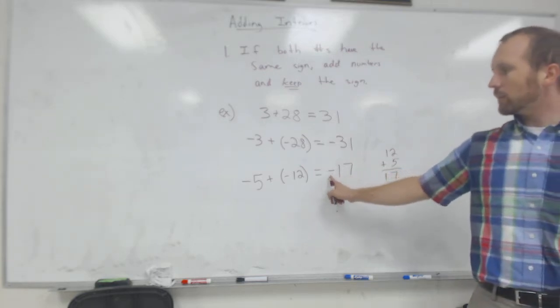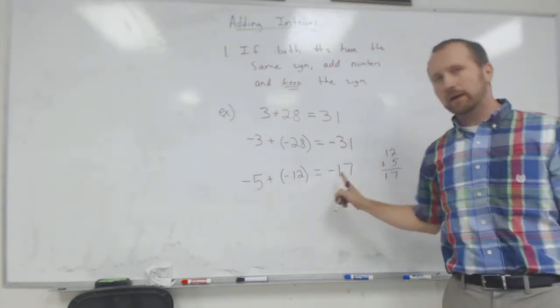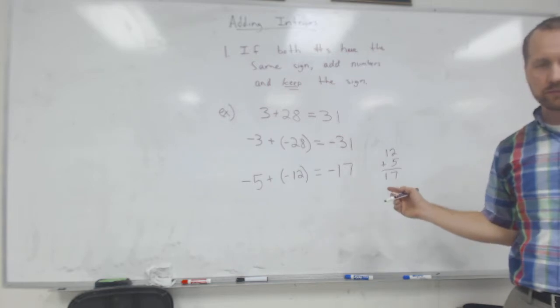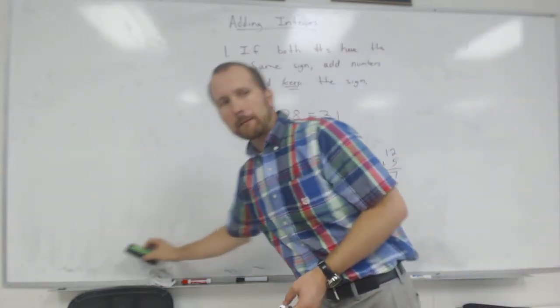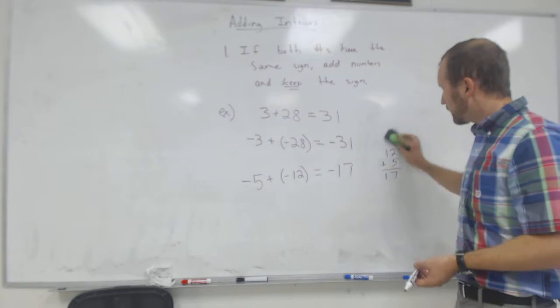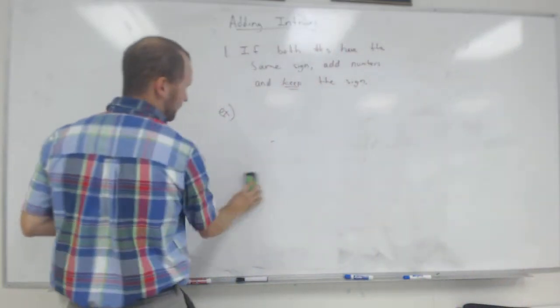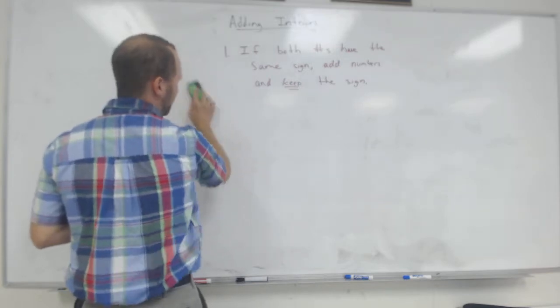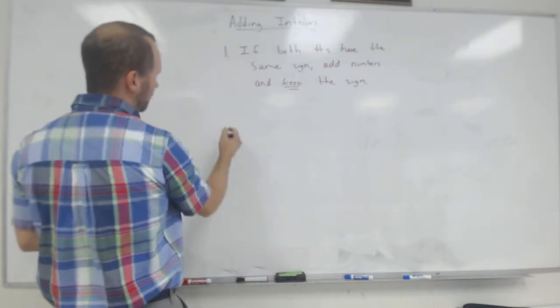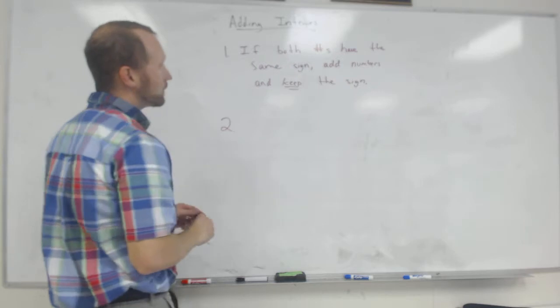Oh, but I remember that both numbers were negative, so my answer is negative. And if both are positive, that's the sort of thing you've known how to do for a long time, adding 2 positive numbers together.